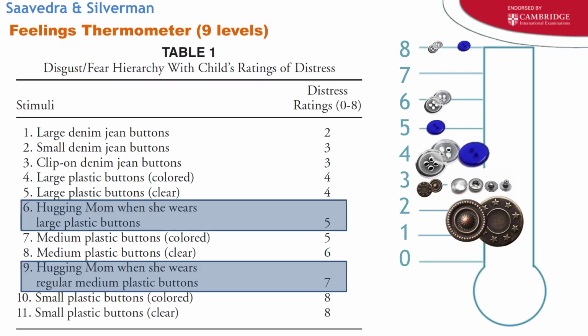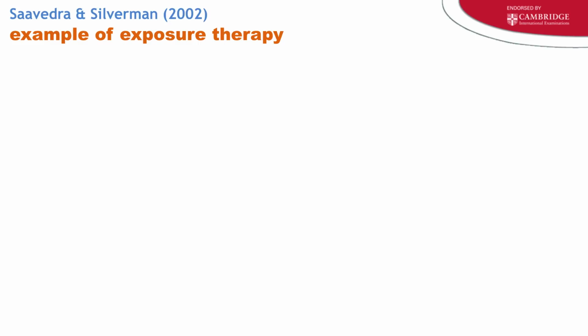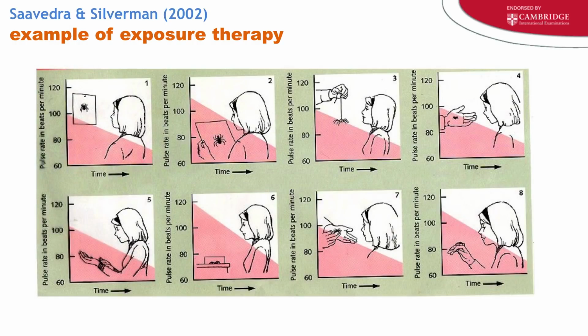So the main tool or the main therapy they're going to use to try to alleviate this phobia is something called exposure therapy. There are several types of exposure therapy, and here is an example using an arachnophobic person. So in traditional exposure therapy, you increase the intensity of the feared stimulus in stages. And this could happen over several therapy sessions.